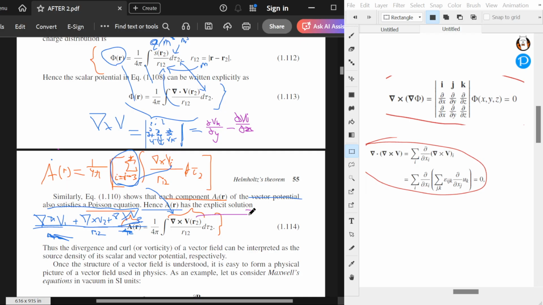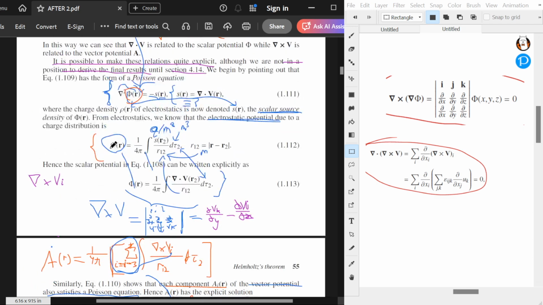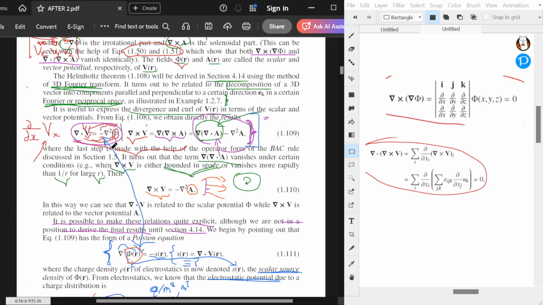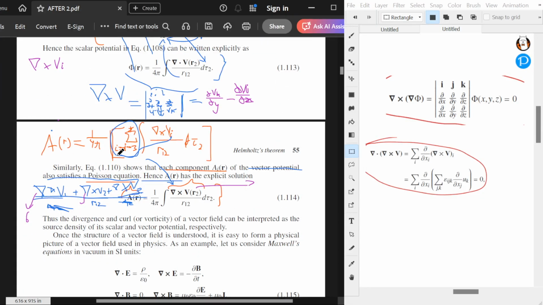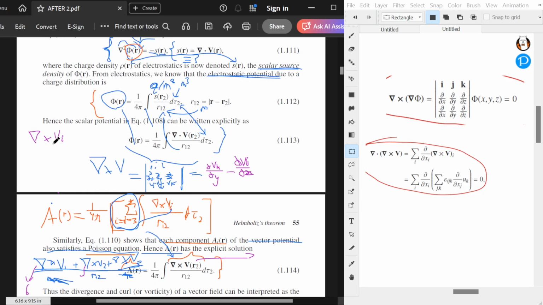But at the same time, this turns into 6, this turns into 6. Does it? What is this cross V_i? Wait, what am I talking about?